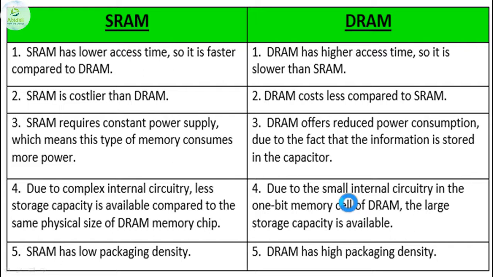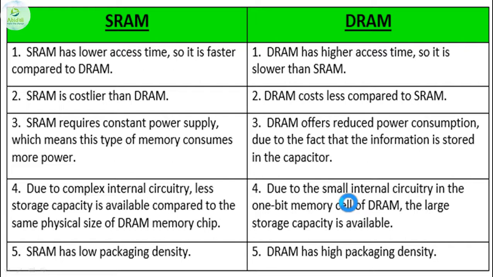Talking about the difference between the static and the dynamic memory, which is important for 2 marks. The static memory has a low access time. Low access time is a faster rate of fetching the information. That means the information is present in hand.